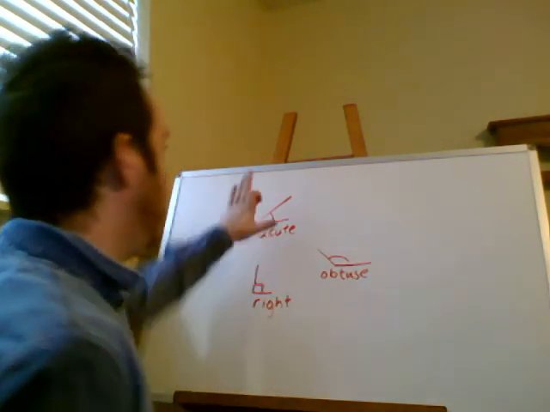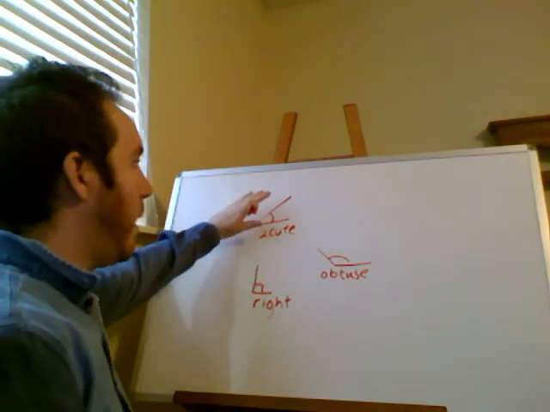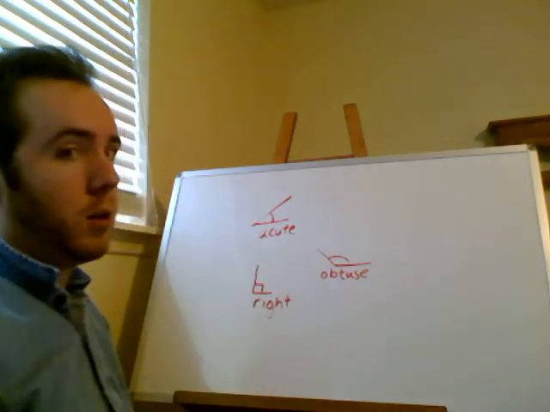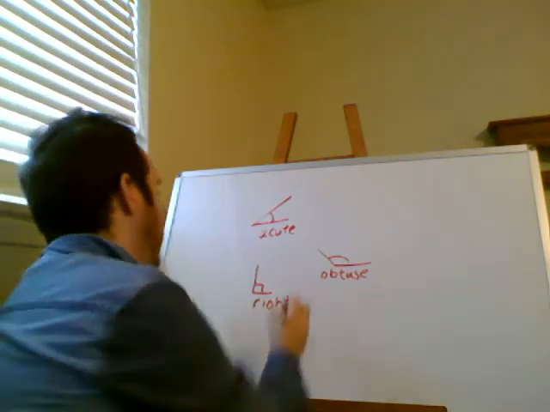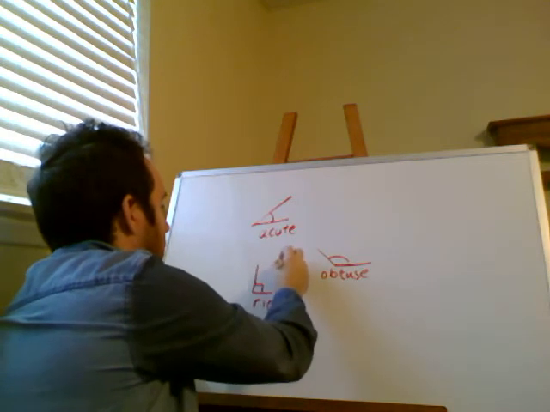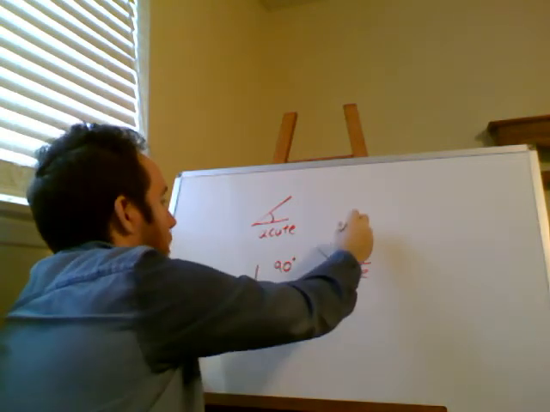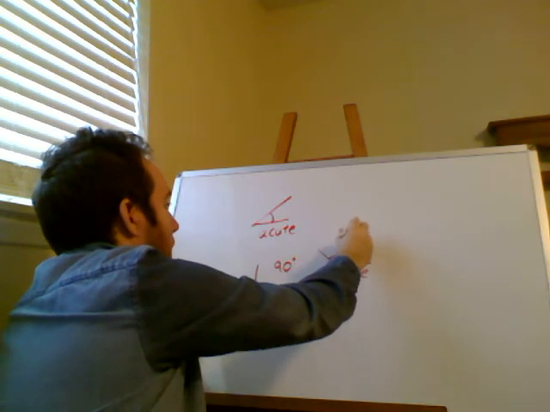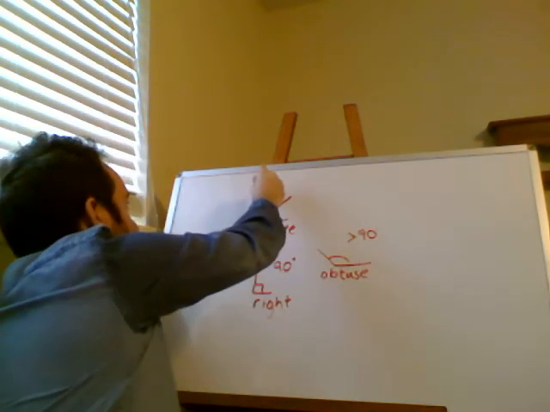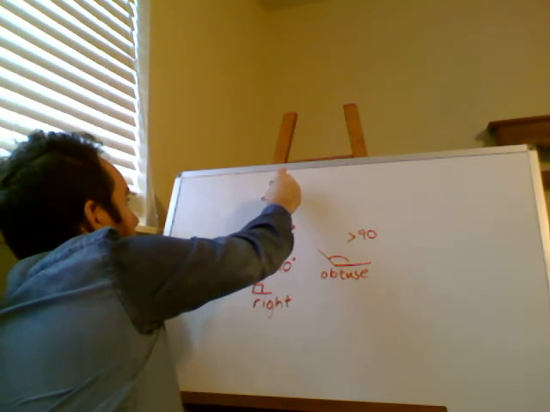And the tighter the angle is, the smaller the measure is, and the more open it is, the larger the angle measure is. This one here, that's right in the middle, that's 90 degrees, and these will measure to be greater than 90, and these will measure to be less than 90.